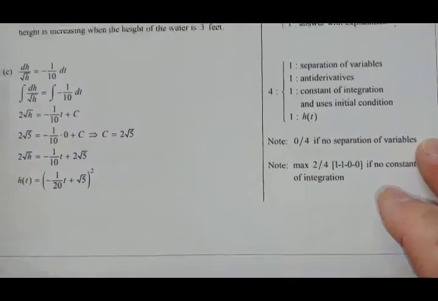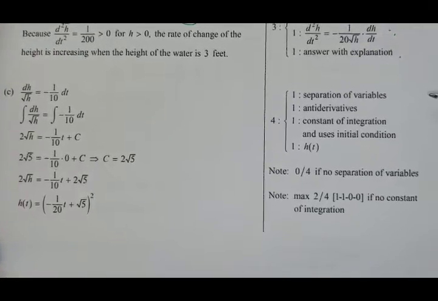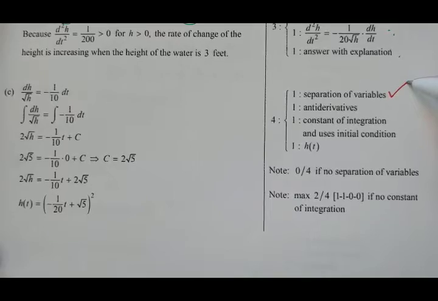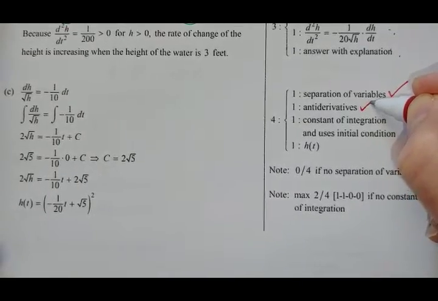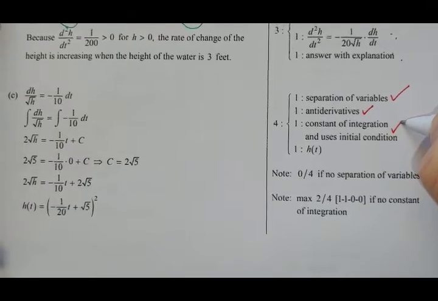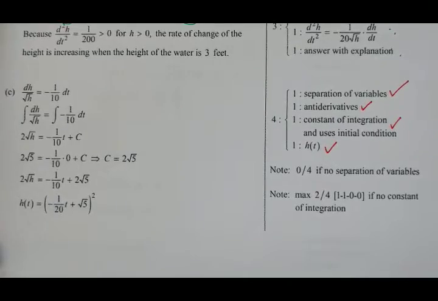All right, so let's go to the scoring rubric and see how that's scored. Okay, so you get 1 point for correctly separating your variables, 1 point for getting both antiderivatives on both sides correct. You get 1 point for your constant of integration and using your initial condition of (0, 5), and you get 1 point for getting h by itself.